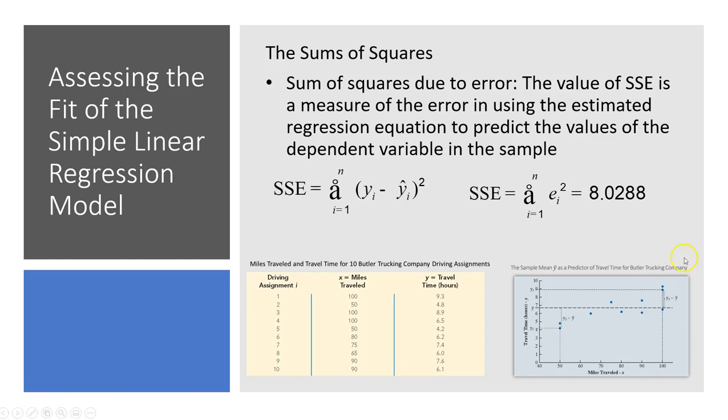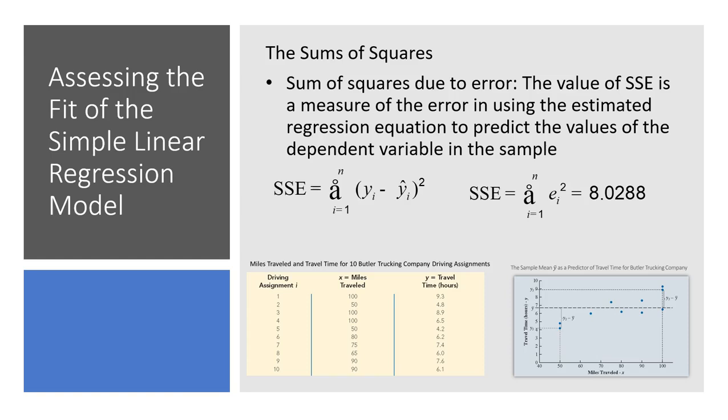And in this picture, we see our line of y equals 6.7 to represent how well we would predict the values in our Butler Trucking Company example using the average y variable.